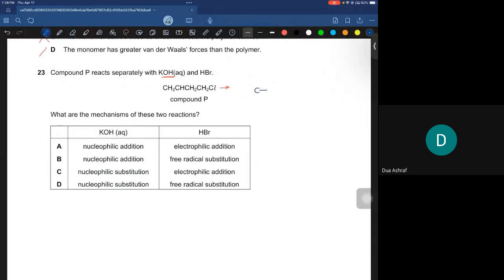This is C, then C, then C, then C. Here we have two hydrogen atoms. It has a double bond, and then CH2, CH2, CH2, CH2. It has a Cl. Let's suppose it's going to react with KOH first.